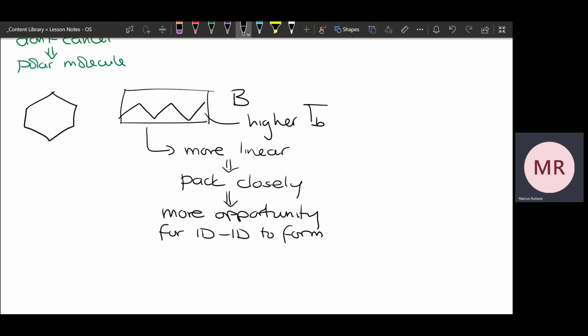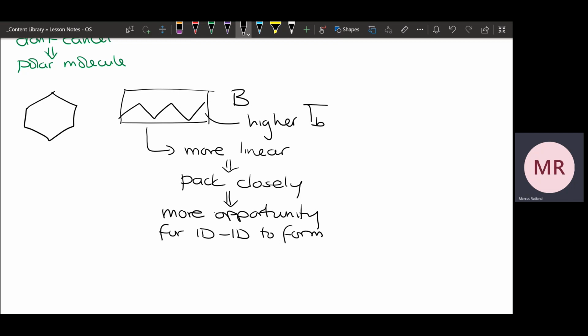For A, it's more of a spherical shape, more of a ball shape, and so you just can't get as much contact between two of the molecules. They kind of meet at one point, but they can't stack up, lining up with each other.